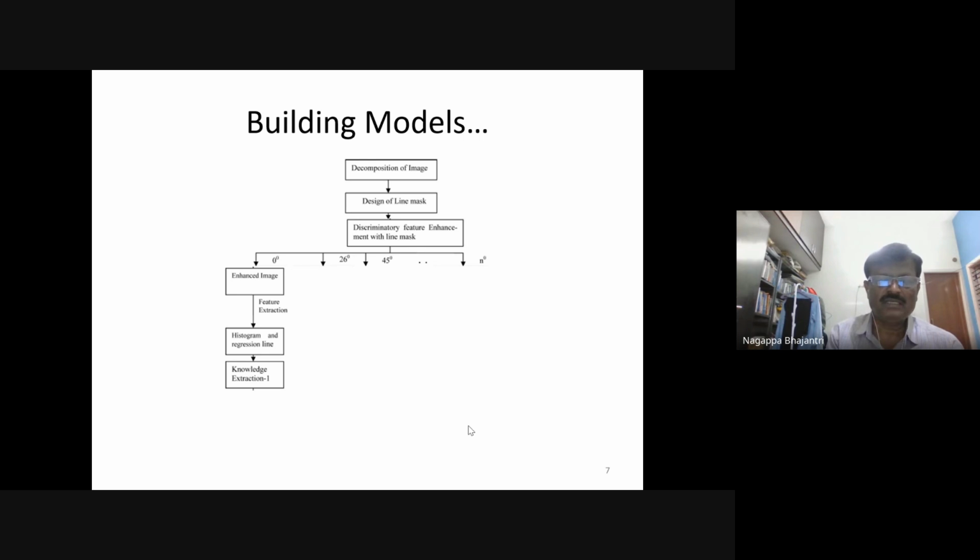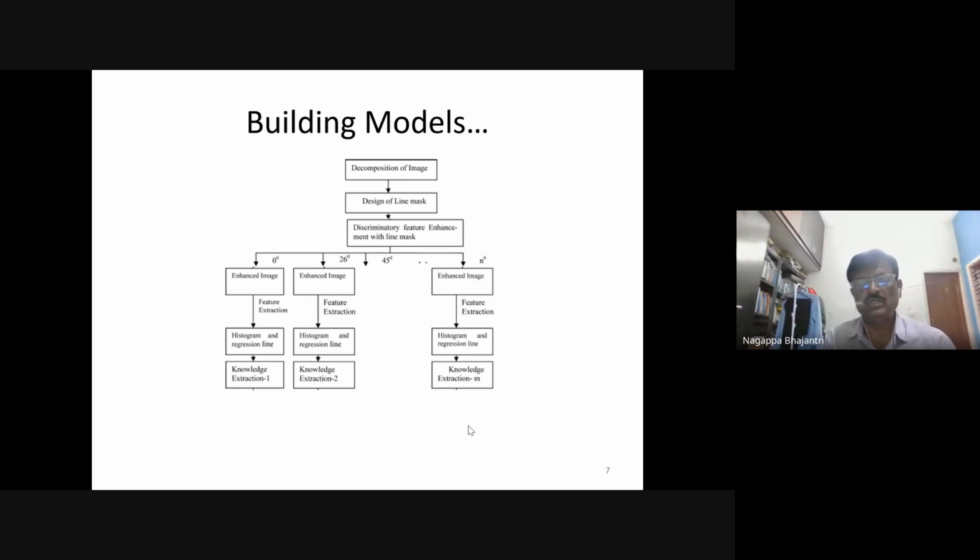For example, at some x degree we can enhance the image and extract the features. Those features help us get the histogram, the cumulative histogram, and fit the regression line. That regression line helps us extract the knowledge. Similarly, we compute for various other angles.